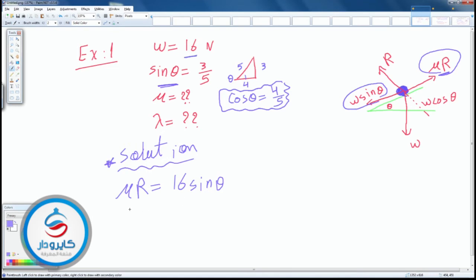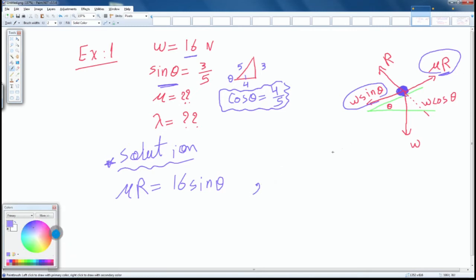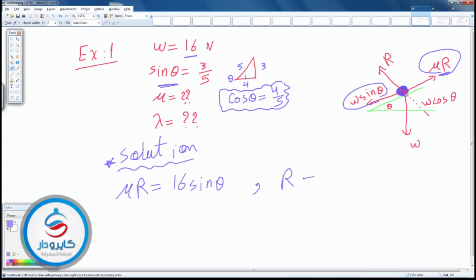We have to substitute for mu and R, and the other equation will be R equals 16 cosine theta. I think the second equation is much easier to solve.